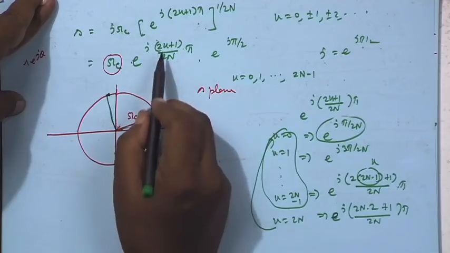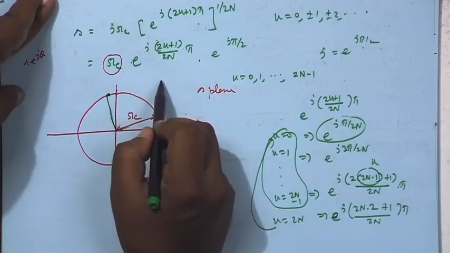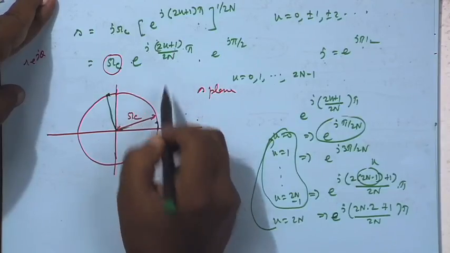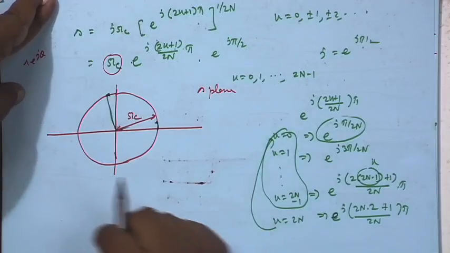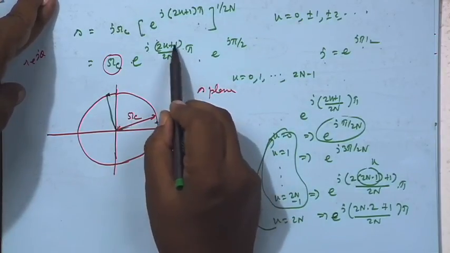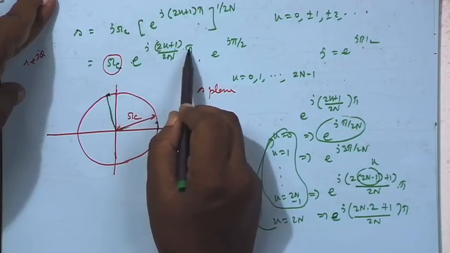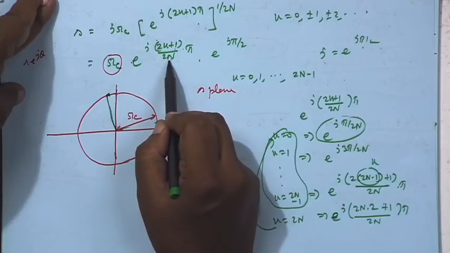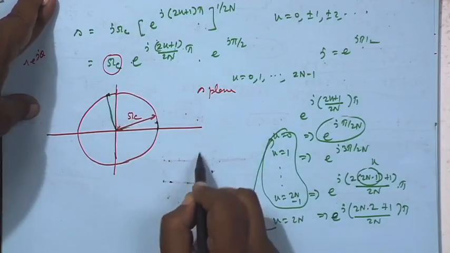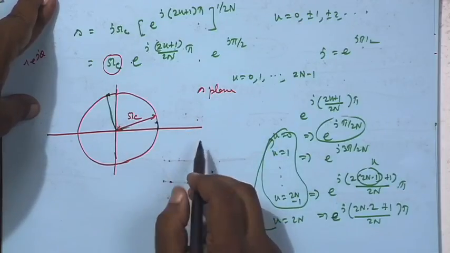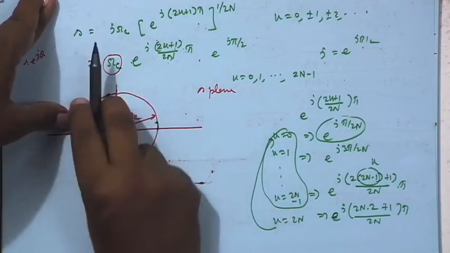Next root will be when k goes up by 1. So, it will be 3 pi by 2n plus pi by 2, where pi by 2n plus pi by 2 was here. Okay. Next one, if I jump, how much will be the gap? Earlier I had pi by 2n, now for k equal to 1, 3 pi by 2n. So, there will be a gap of pi by n. Are you following me? First start with k equal to 0. So, pi by 2n, this is the smallest amount, and then you add pi by 2.